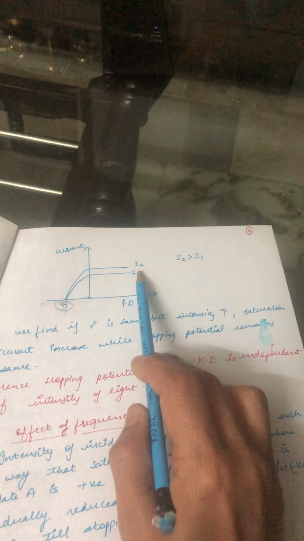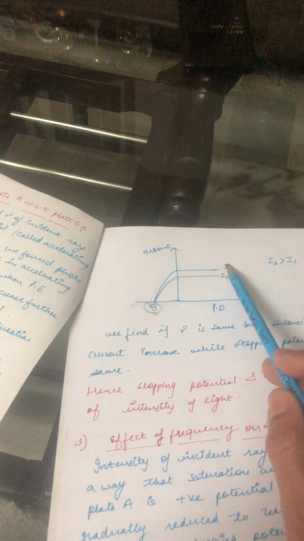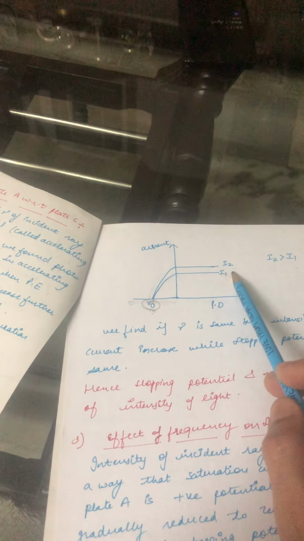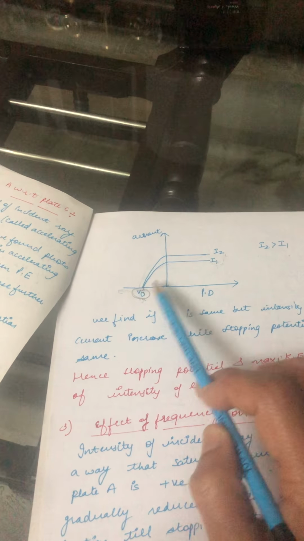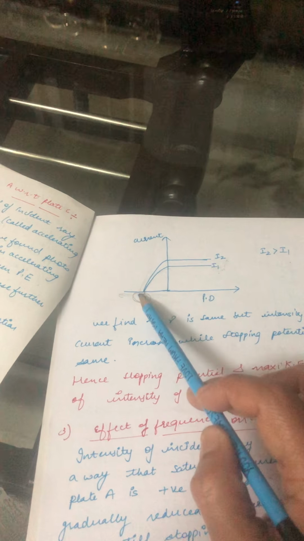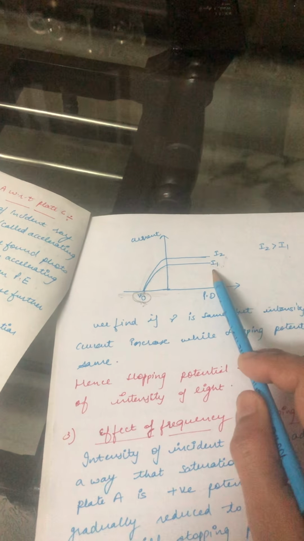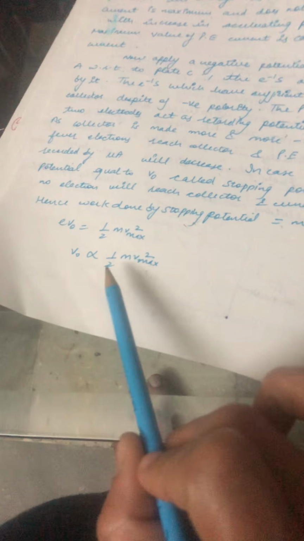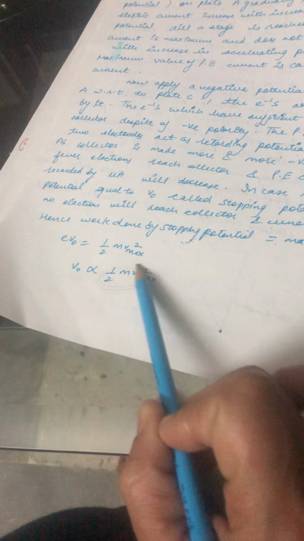So with the increase in intensity, as we did earlier in our first conclusion, current will increase. Saturation current is also more for more intensity, but stopping potential is the same for both the intensities. It means stopping potential is independent of intensity. So from here you can conclude that maximum kinetic energy is also independent of intensity.